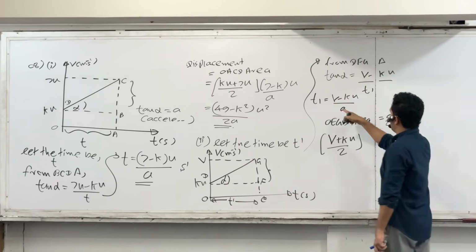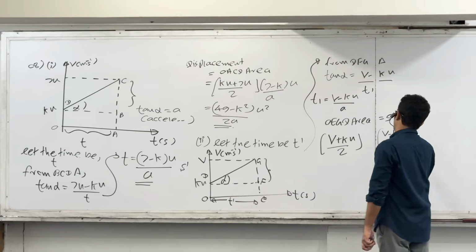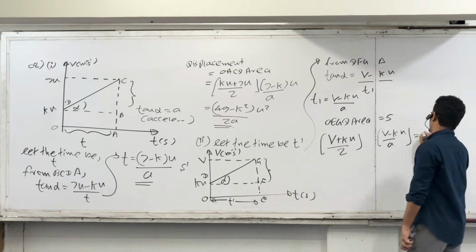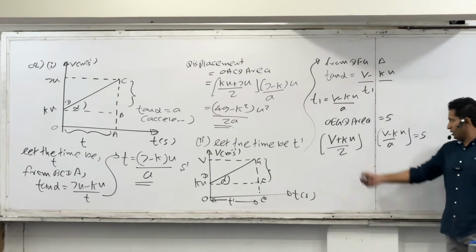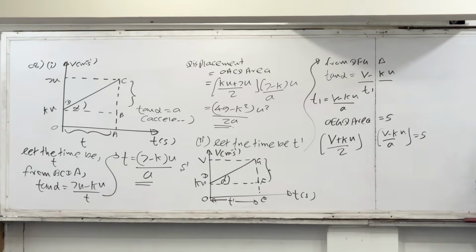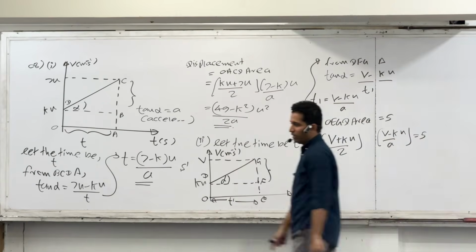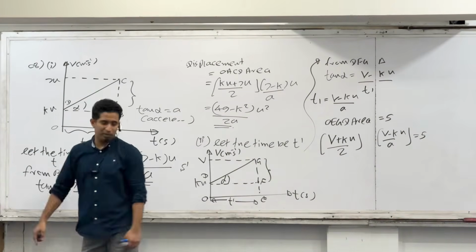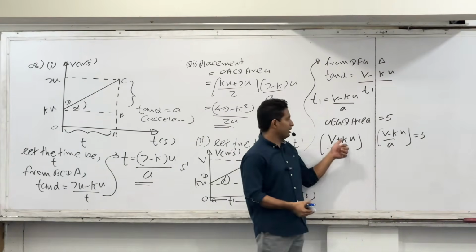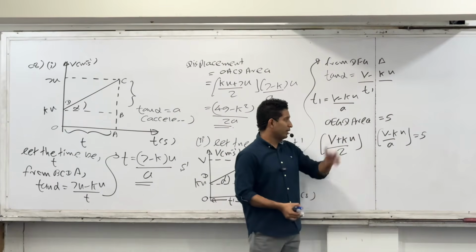Now what is T dash? T dash equals (V minus Ku) over a. Then in this pattern the fraction simplification is easy, otherwise quadratic equations come up and it gets a little difficult. Now here, V squared minus K squared U squared equals 2as.